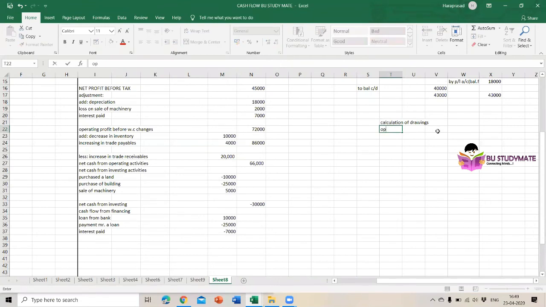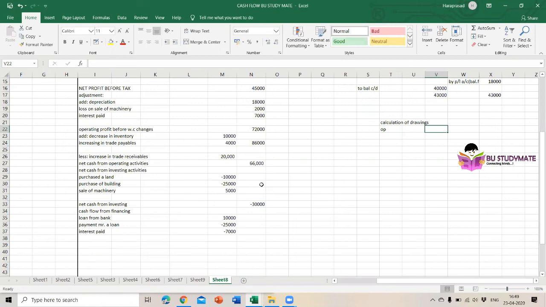Opening balance is how much? 1,25,000. Then we have to add net profit. Net profit is 45,000.